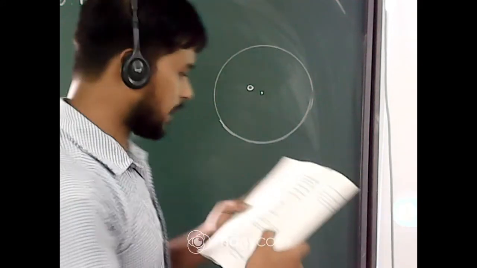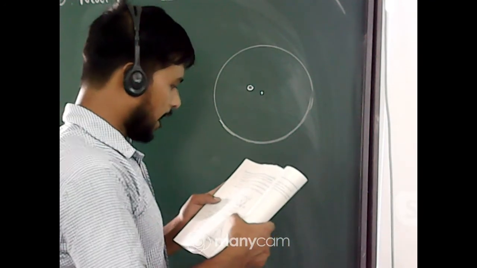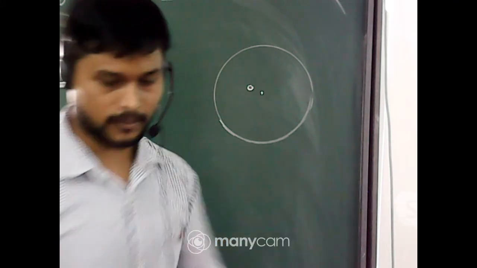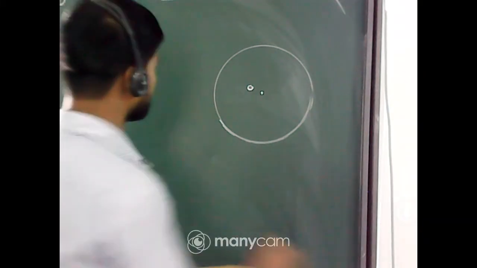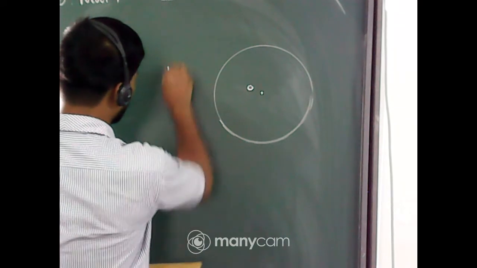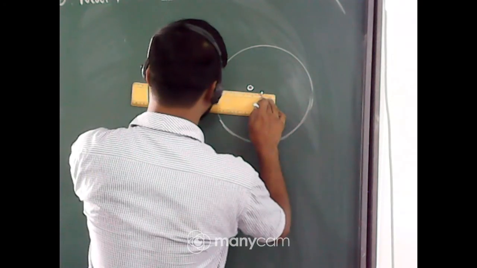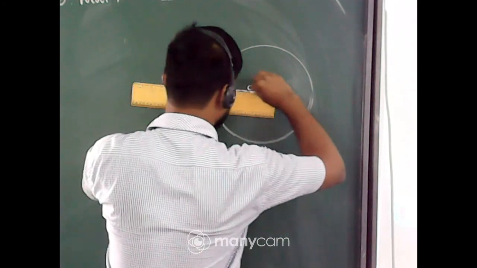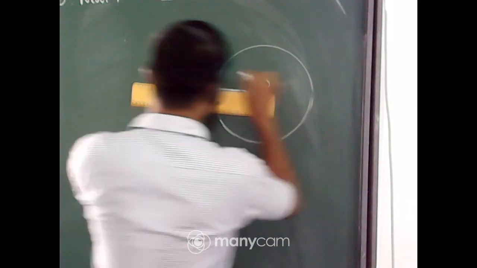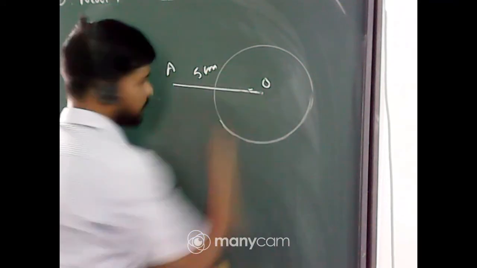The length of the tangent from a point A at a distance 5 centimeter from the center. Okay, so take a point A. This is our A point, whose distance from the center is 5 centimeter. So OA equal to 5 centimeter.